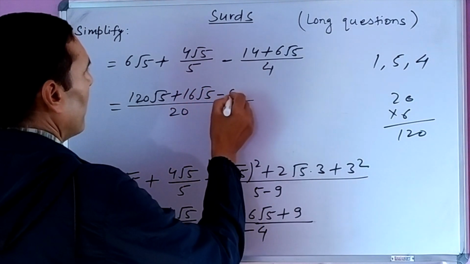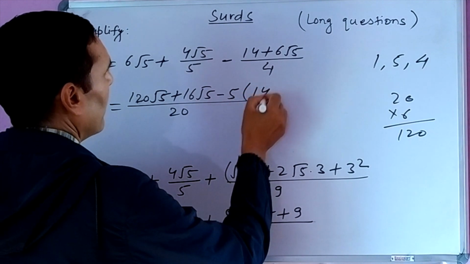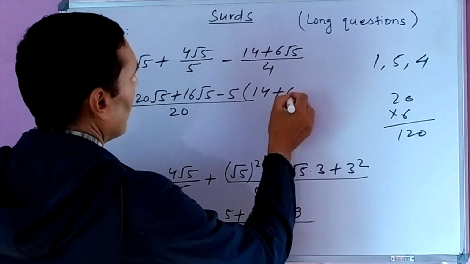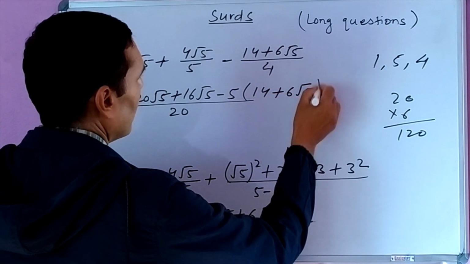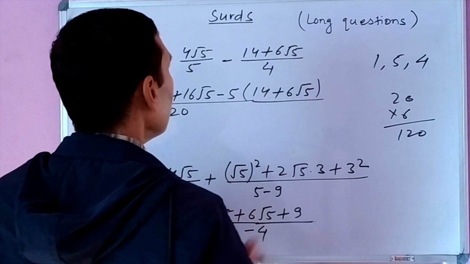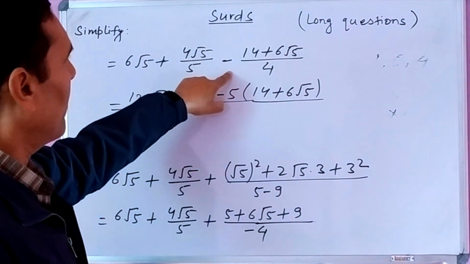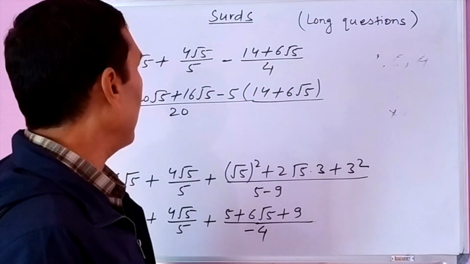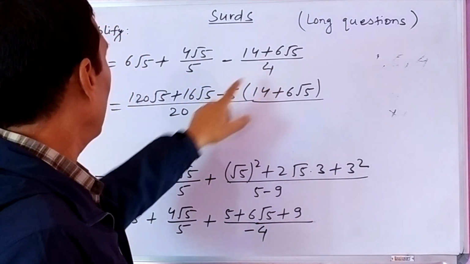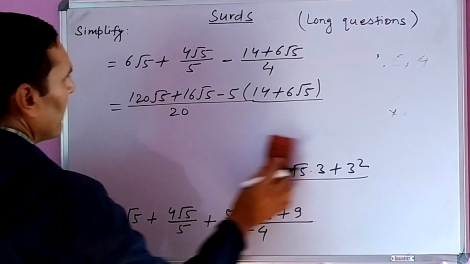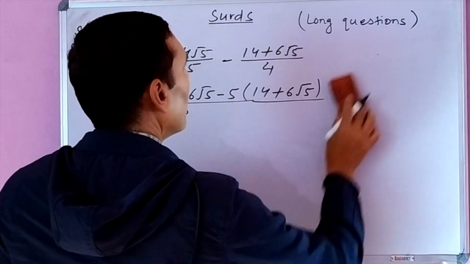Minus 4, 5 times we have to open the bracket here, 6 root 5. Because there are two terms, 14 plus 6 root 5, there is a minus sign in front, so we have to open the bracket with this minus and 4, 5 also.